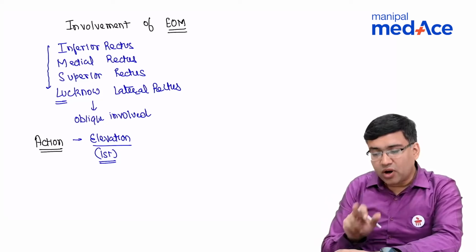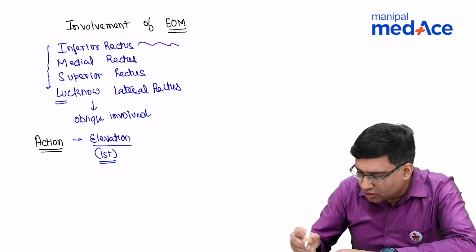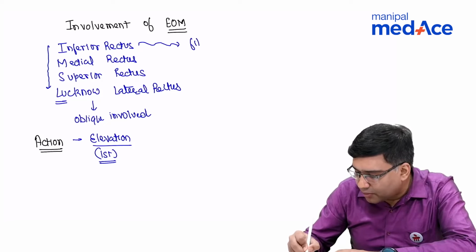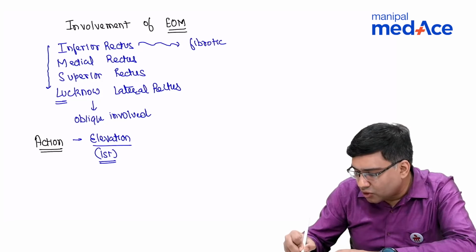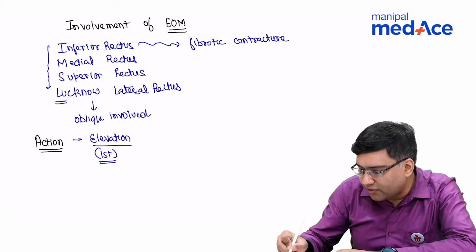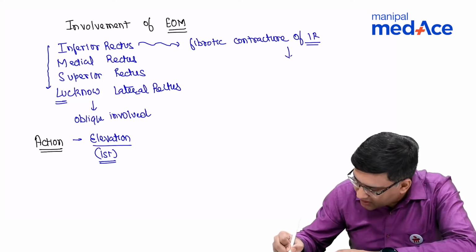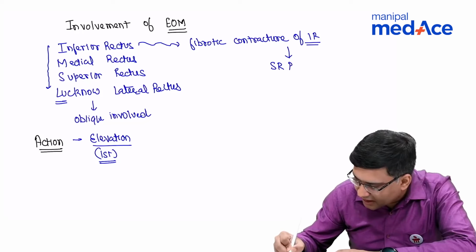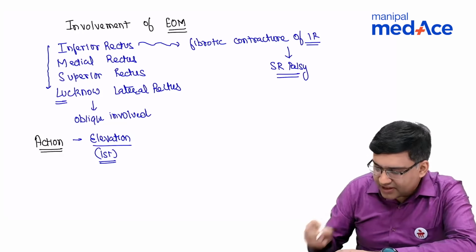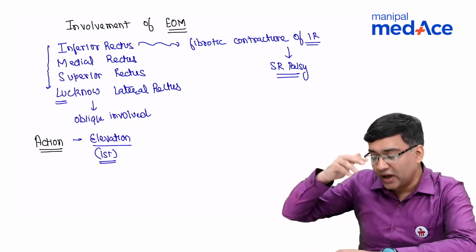Remember, the muscle involved is inferior rectus, but there is a fibrotic contracture of inferior rectus, and it basically mimics a superior rectus palsy. So that's why the first action involved is elevation. The patient would not be able to elevate the eye.